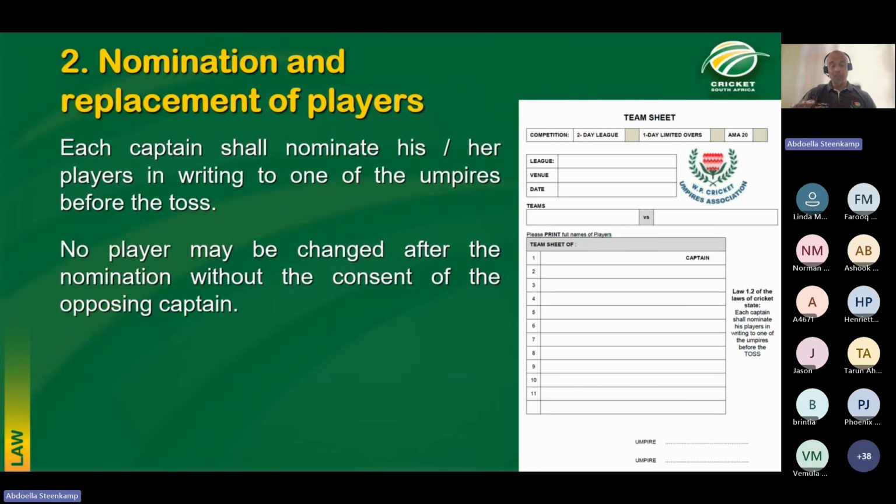Are we allowed to change any of the nominated players? Yes, the law allows for it, but there is one condition. You need the permission of the opposing captain to change any player after the nomination was done.